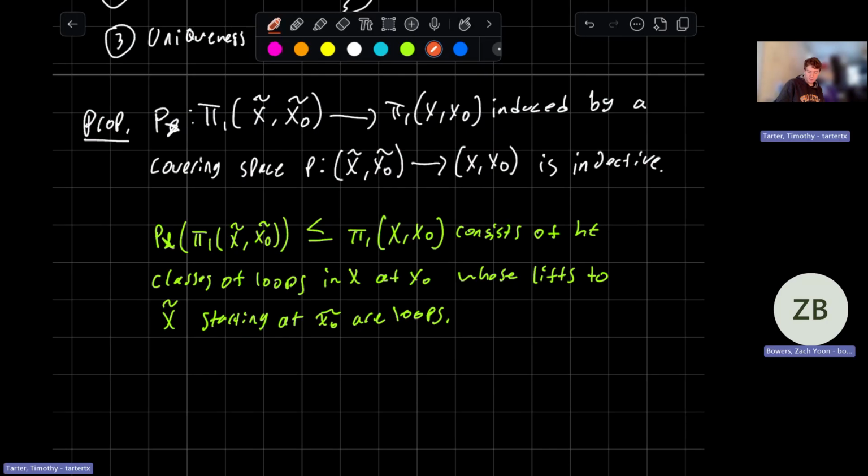Yeah, I'm just looking through the proof here, and I think he does it by showing that the kernel is trivial.